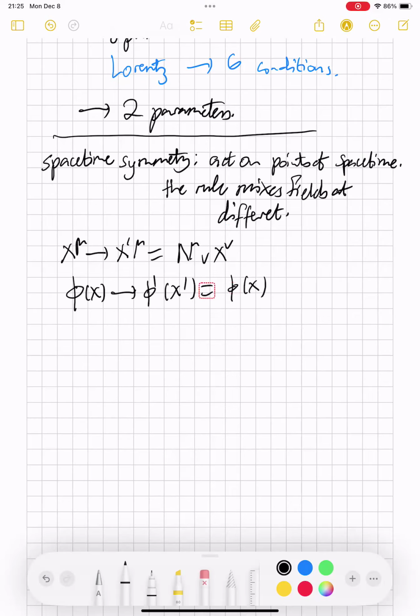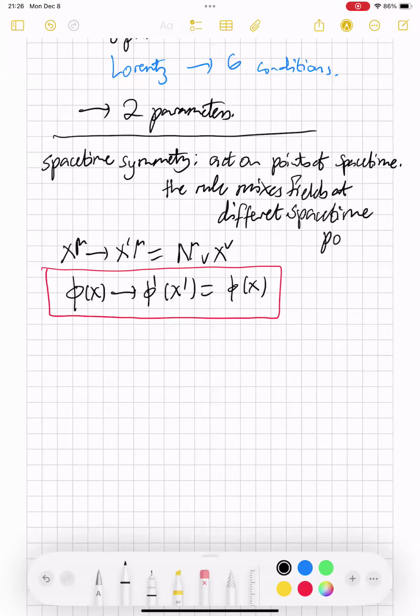So what you see in this rule, in the red box, is that I'm talking about fields φ' and φ at x' and x. That's what I mean that it mixes fields at different space-time points. Inside this box, the rule is equating φ' at x' to φ at x.